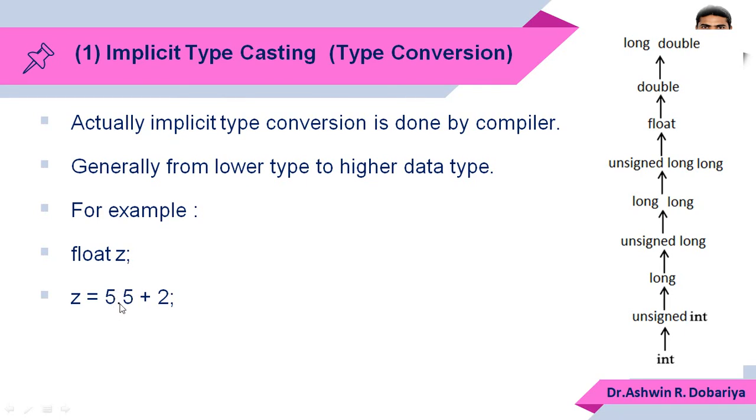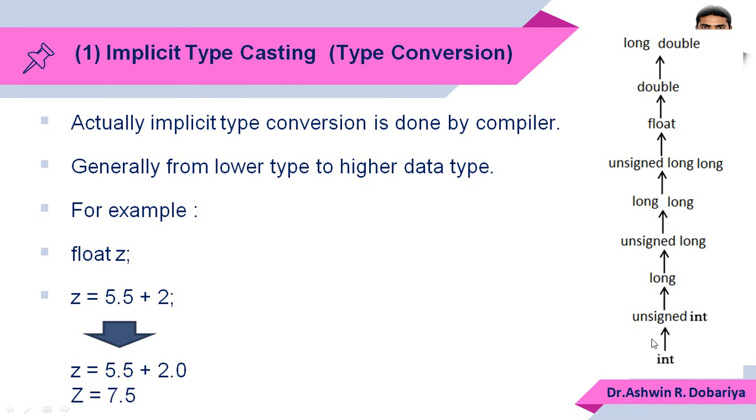So here 5.5 is a float, 2 is an integer. Integer is lower, so it will convert the integer to float. Internally 5.5 will stay as it is, and 2 is promoted to a float, so 2.0, then it will perform the operation and the answer will be 7.5. So this is, you can say, the level of the type conversion.